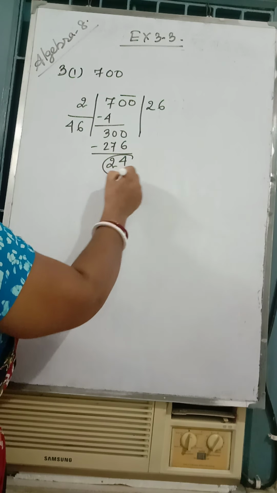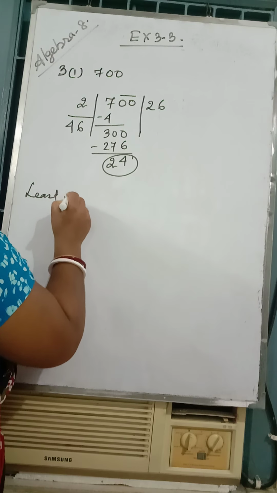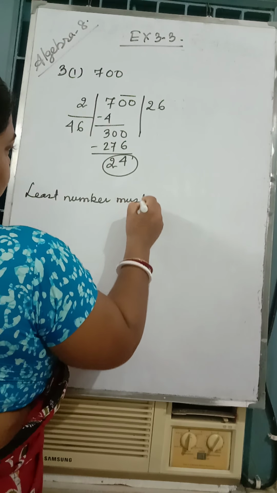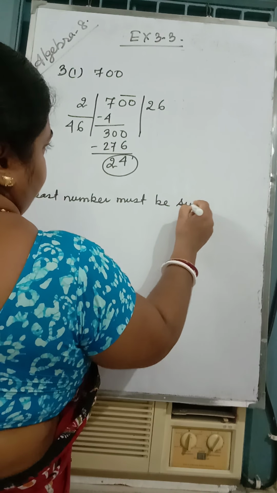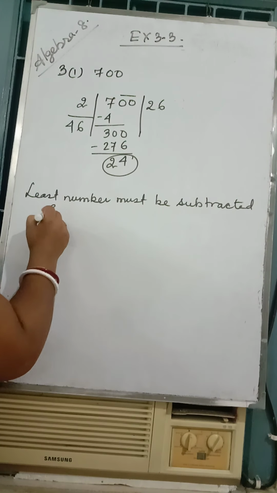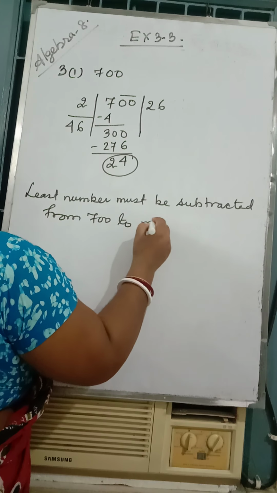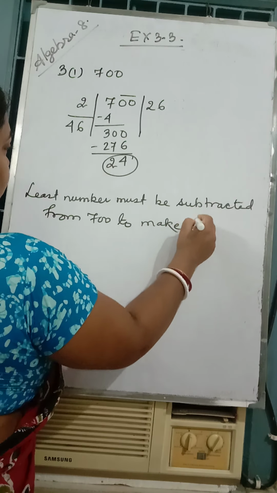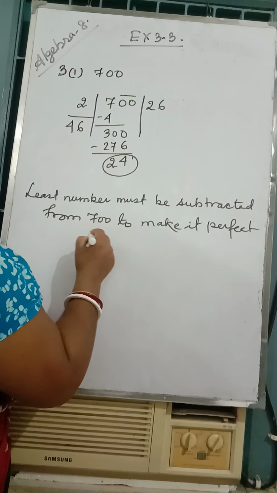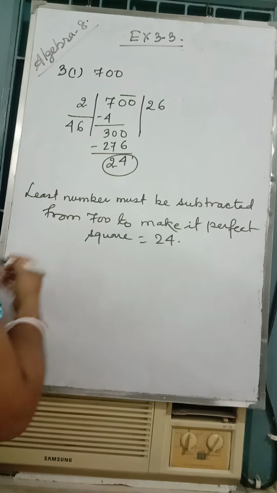So this is the remainder. So we'll be writing: the least number that must be subtracted from 700 to make it a perfect square is 24.